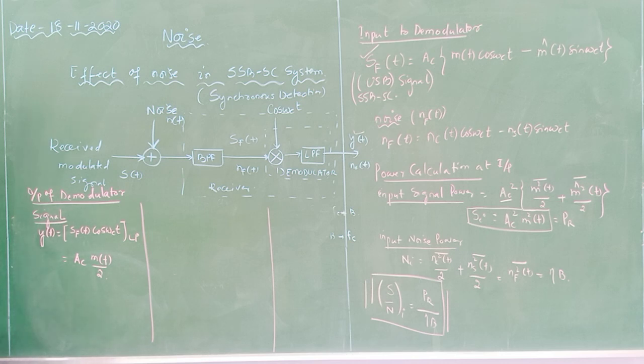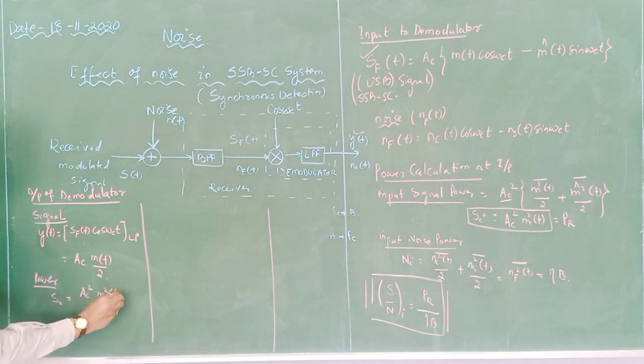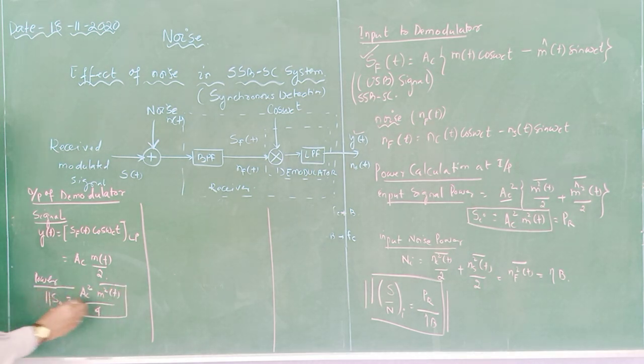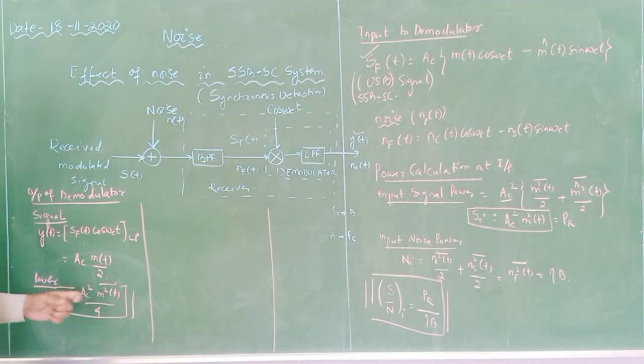Done. So what is the power available? So output signal power is AC square m square of t whole bar divided by 4. Done. So this is with respect to signal.